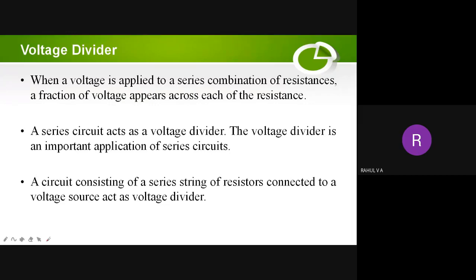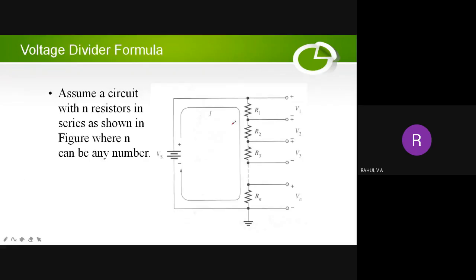When a voltage is applied to a series combination of resistances, a fraction of the voltage appears across each resistance. If you look at this particular diagram, a voltage source Vs is applied to a combination of series resistances R1, R2, R3 up to Rn. That means this Vs, whatever supply you are applying, will be divided across each resistor.